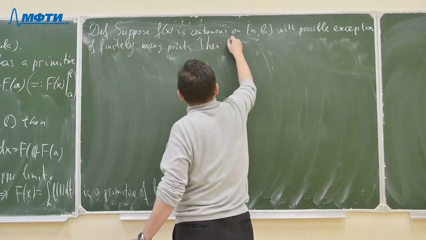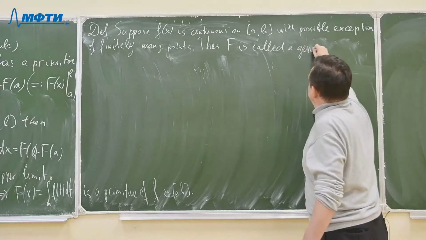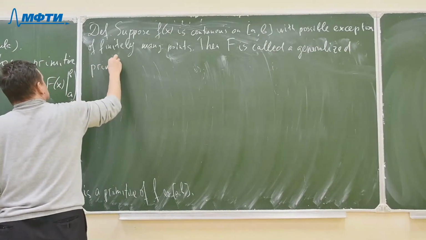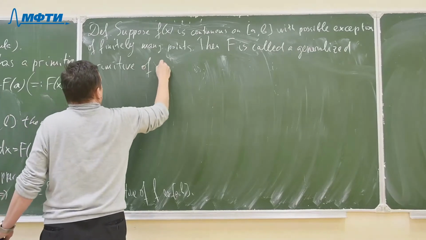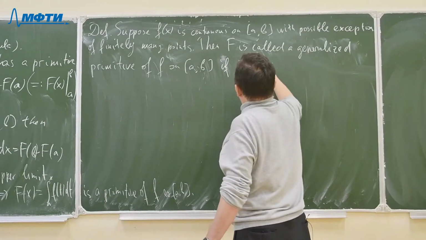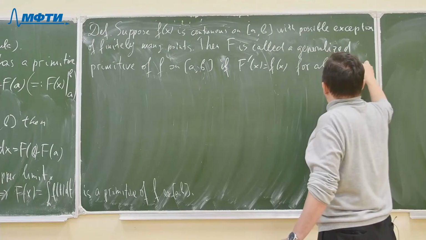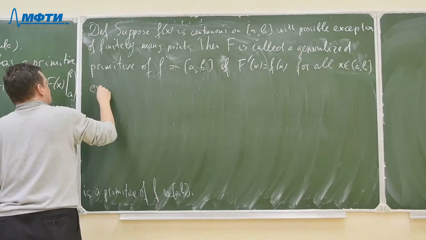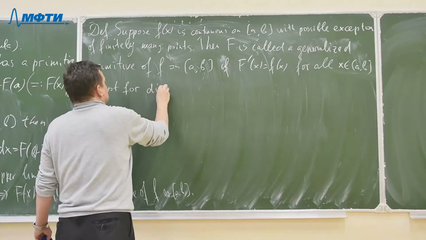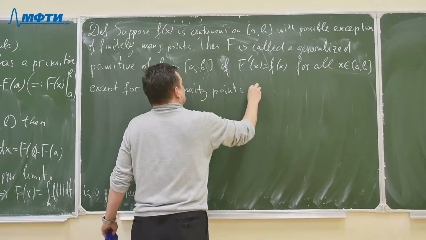Then capital F is called a generalized primitive of f on AB if f prime of x equals f of x for all x in AB except for discontinuity points of f.